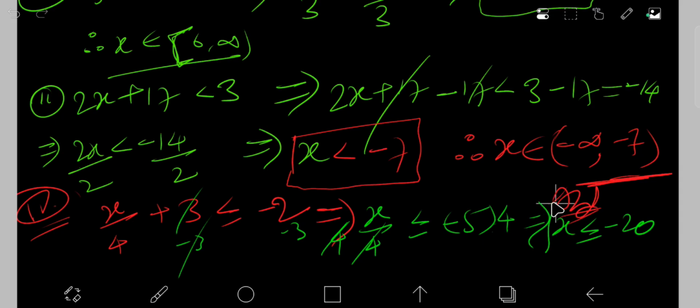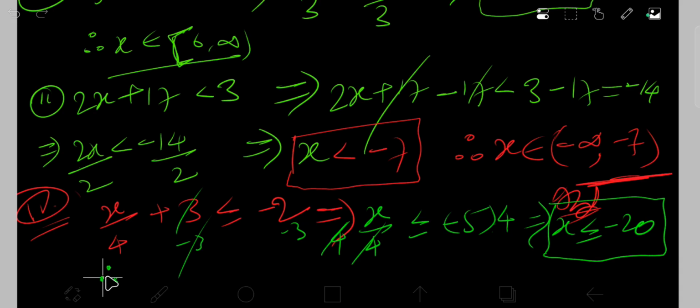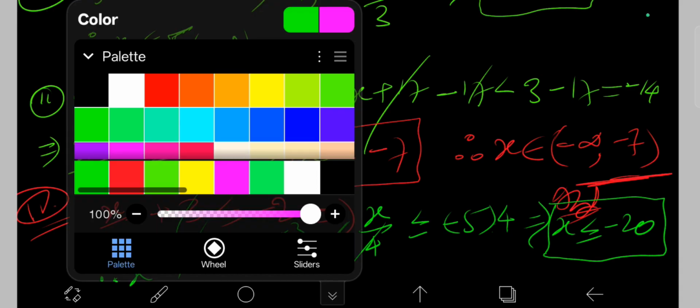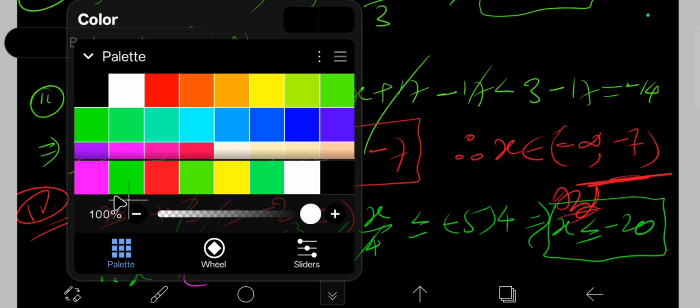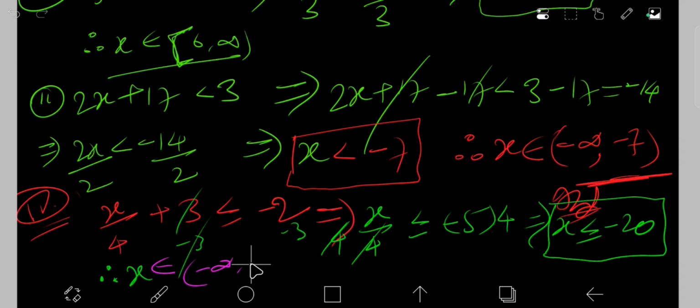This is the solution of the inequality, but we write the solution in interval form. Here the equal sign is included, but x is less than, so we take it up to minus infinity, any value less than minus 20.